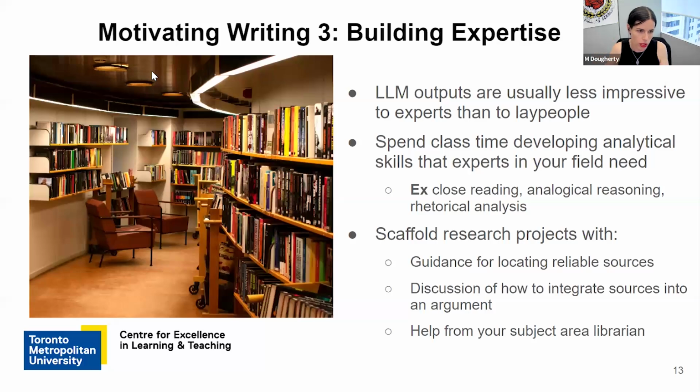You can do this with help from your subject area librarian, so you're not alone in having to do a whole series of lessons about research yourself. But if you are going to do a research project, you might need to spend some time making students expert at doing research, particularly in your field.